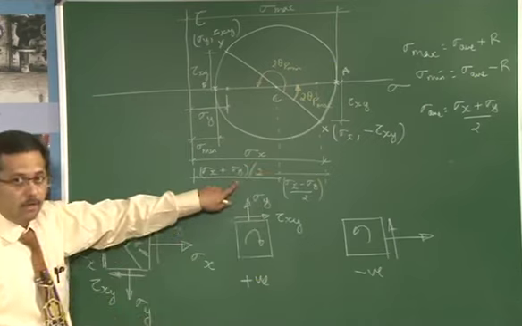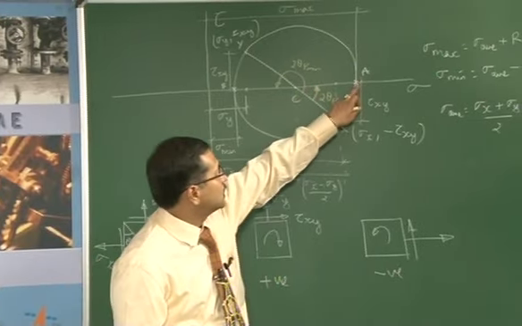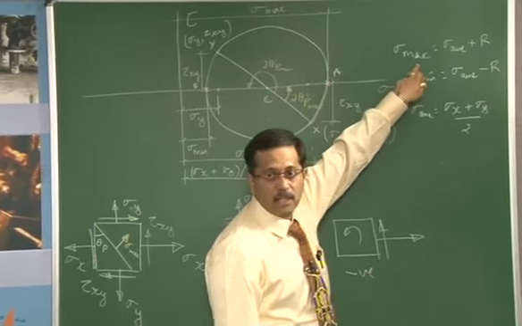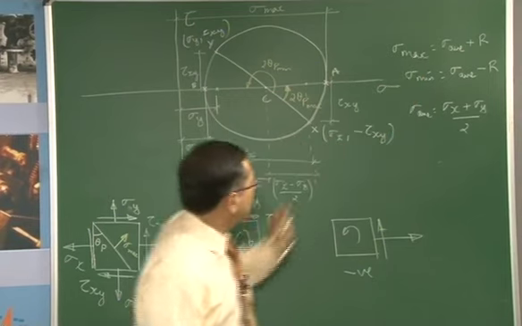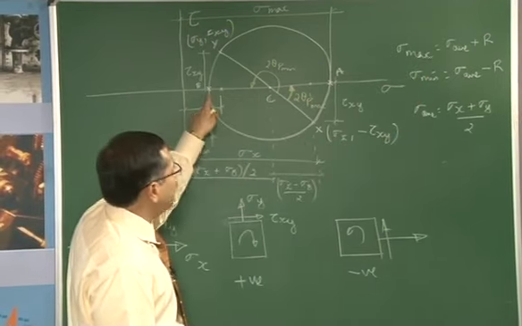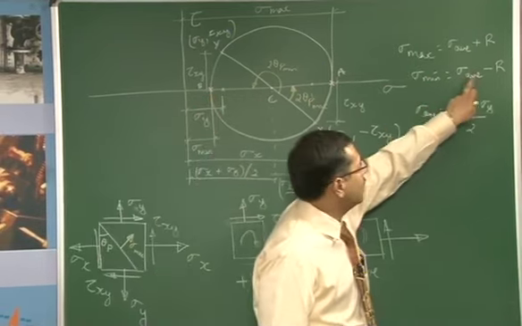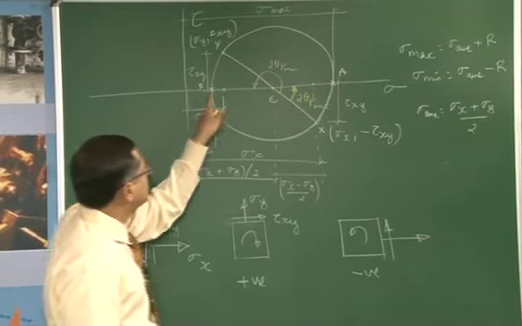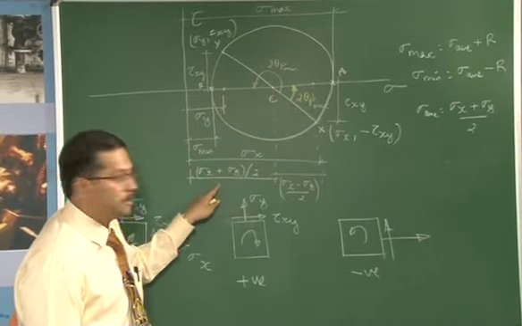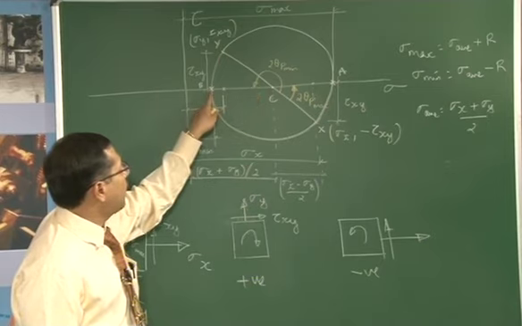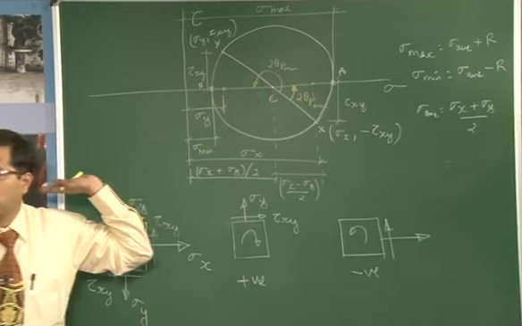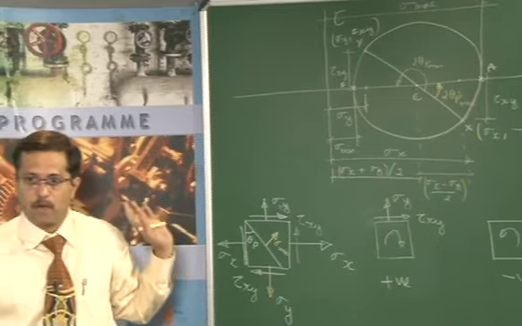So, to this value, if I add the radius, which is Ca, I would get this as sigma max. Similarly, if I want to get the minimum, it is sigma average minus r, r is again Cb. So, C is sigma average minus Cb, I would get the minimum principal stress value.